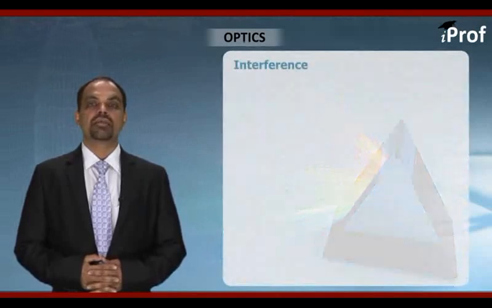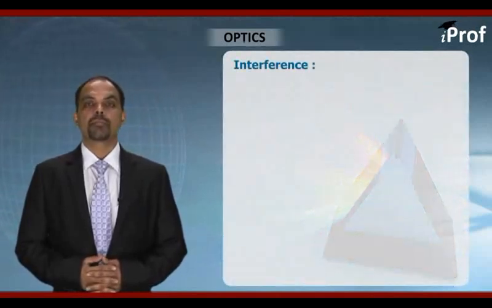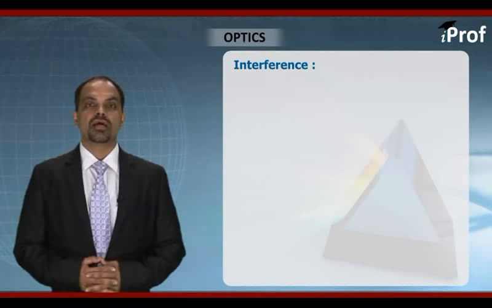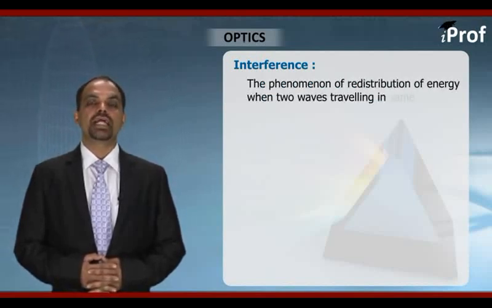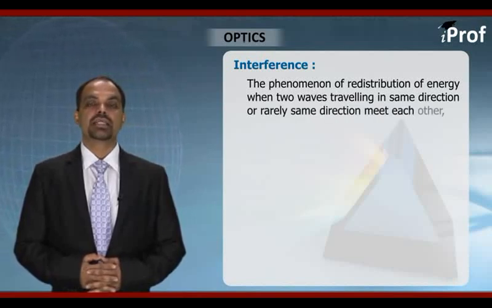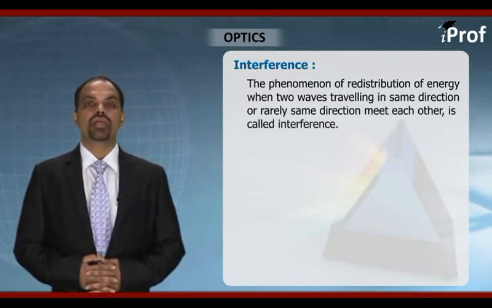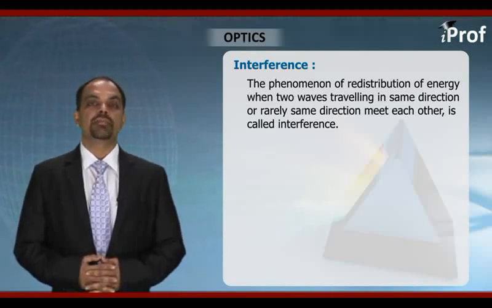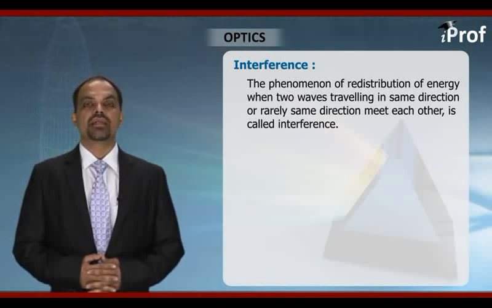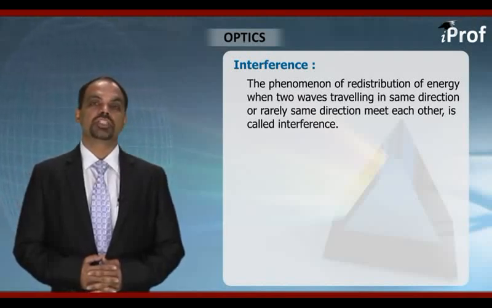The very first phenomenon we are going to take up is interference. Let's understand what interference is all about. Now this phenomenon of interference is nothing but when we have two waves of the same frequency traveling in the same direction or nearly the same direction, they meet each other, resulting in redistribution of energy in the region of superposition.